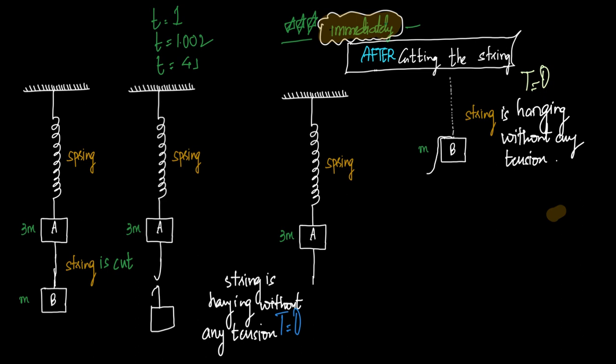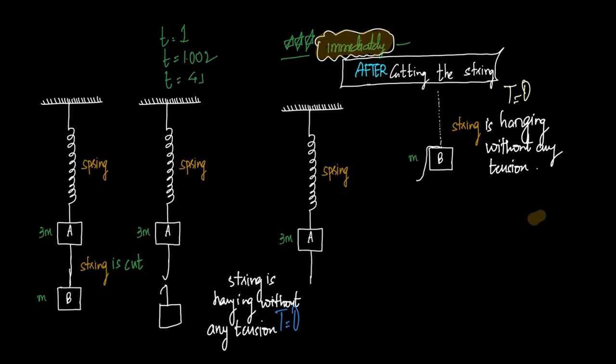Now let us see how to write the free body diagram and how to apply Newton's second law of motion. So if we draw the free body diagram here for A, we know that spring is now under the restoration effect. Why? Because the string is cut. It was elongating.